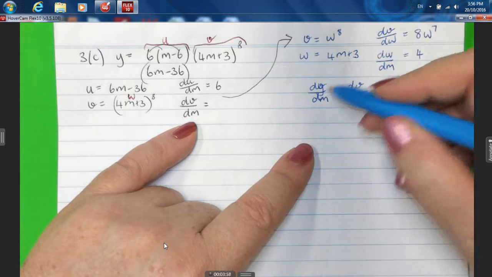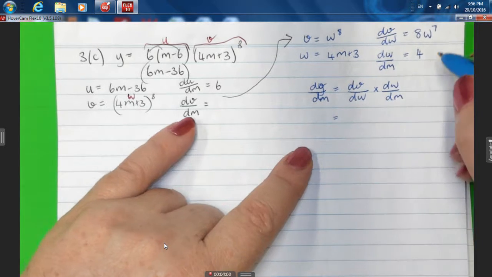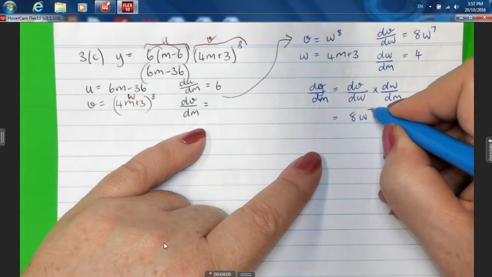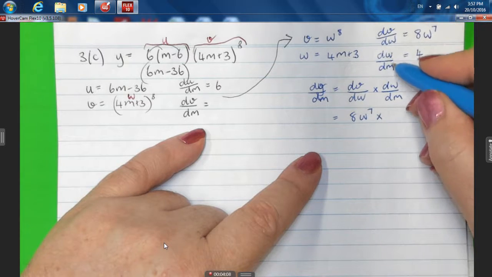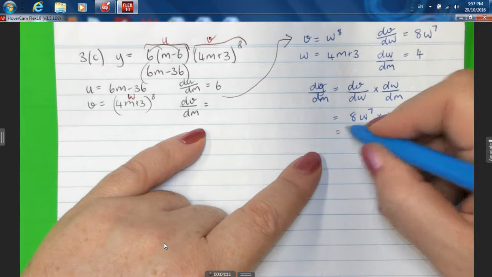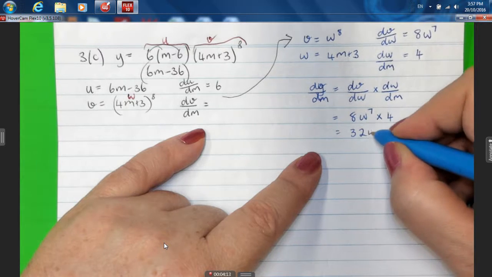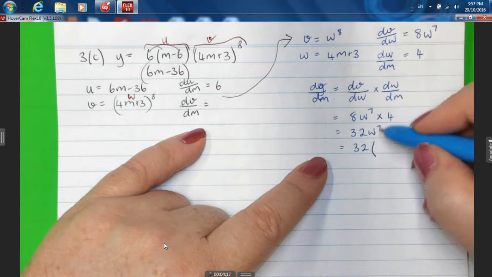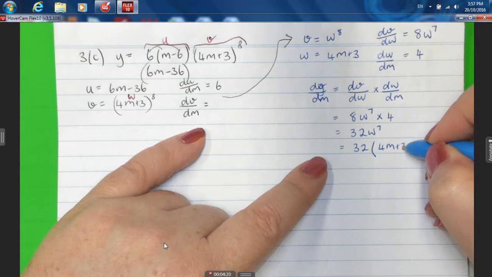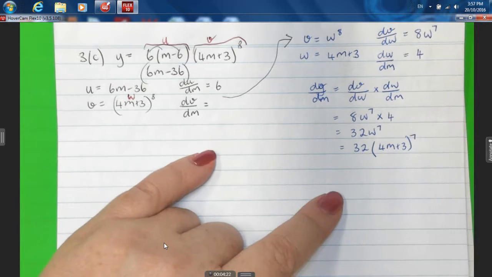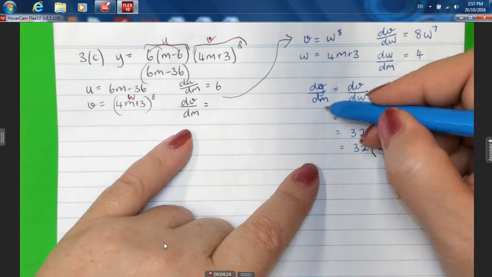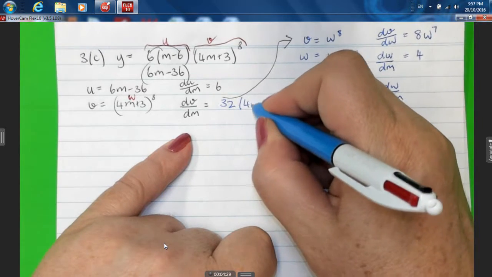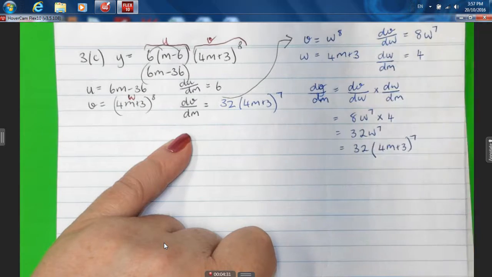Okay, dv dw is 8w to the 7 times dw dm is 4. 8 times 4 is 32, w to the 7, and then put w, whatever w was, 4m plus 3 back in. So now we have dv dm is 32 times 4m plus 3 to the 7.